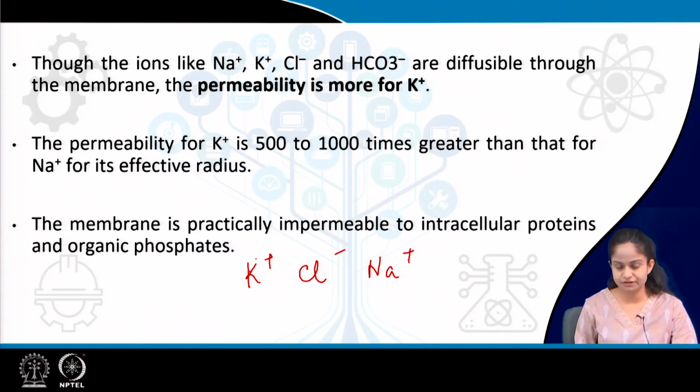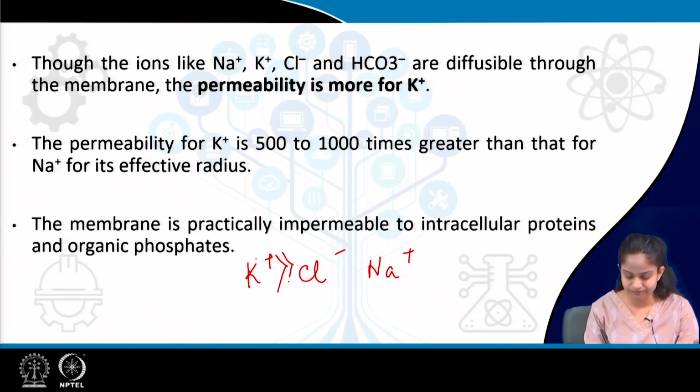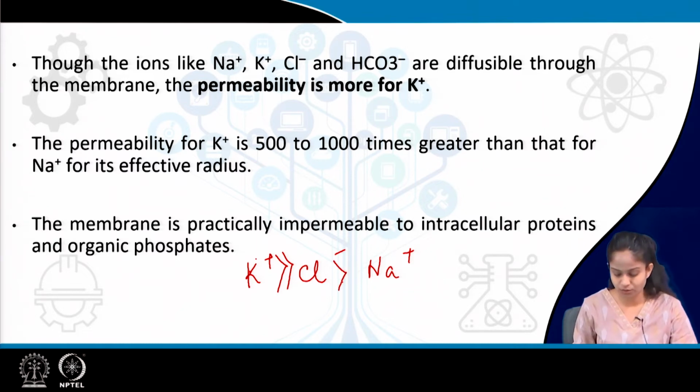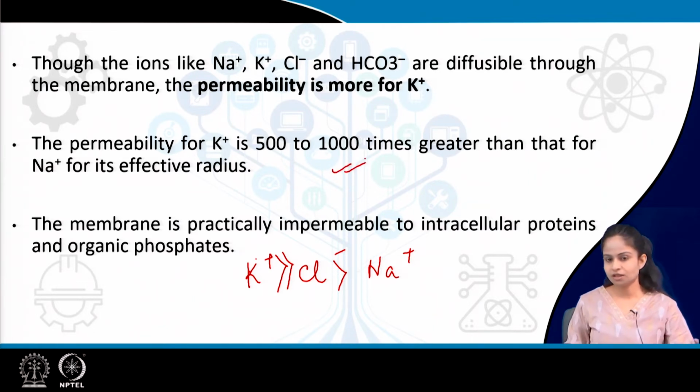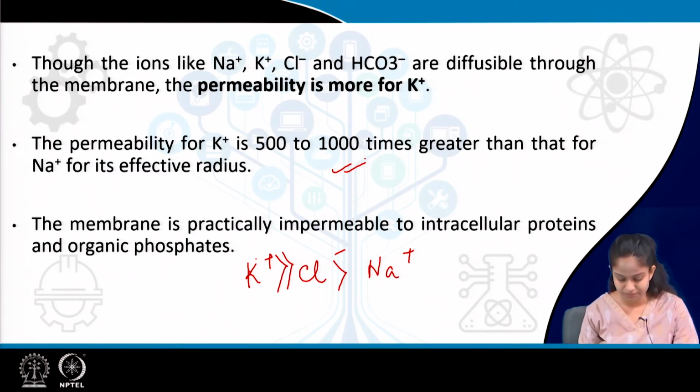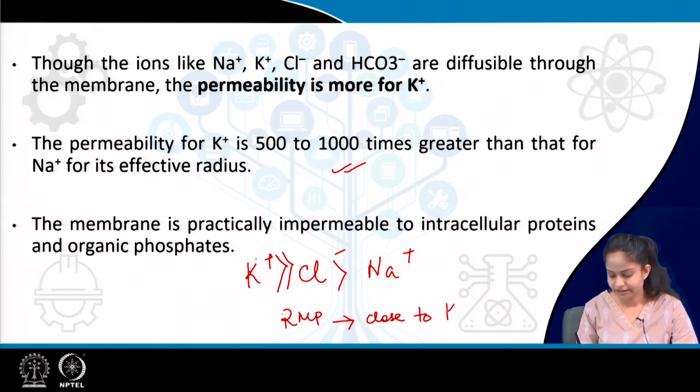The permeability coefficient is very high for potassium compared to chloride and sodium. So potassium is highly permeable through the cell membrane. The permeability coefficient is 500 to 1000 times greater compared to the other ions, mainly sodium. This means the resting membrane potential of any cell will be close to the equilibrium potential of potassium ions.